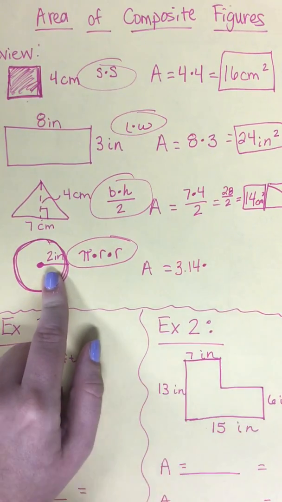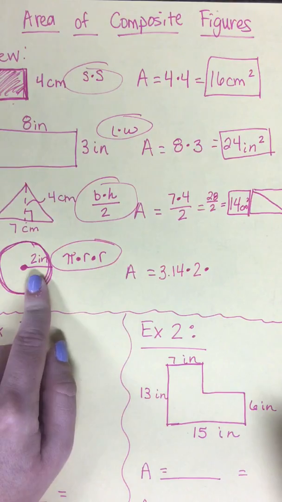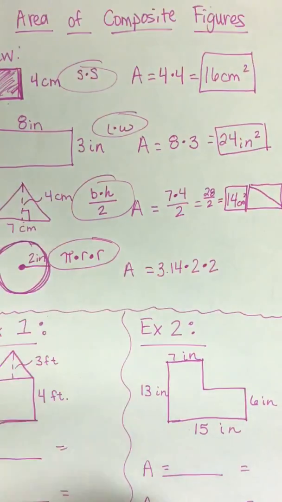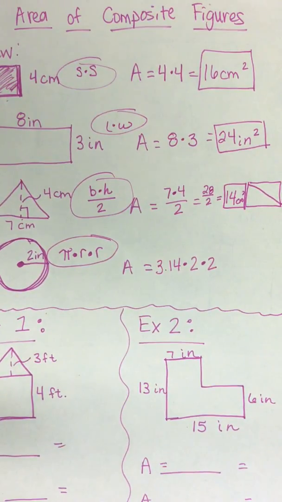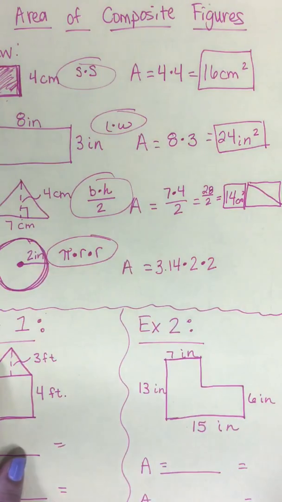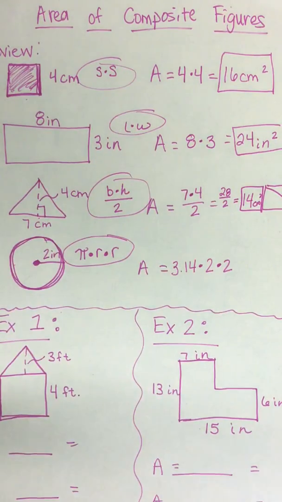It's right here. So I'm going to put times 2. And then it says times r again. So I'm going to put times 2 again. Okay? If they told us that the diameter all the way across was 4, we could still find the radius by cutting it in half. You will have to do that in some of your problems, so don't forget that.